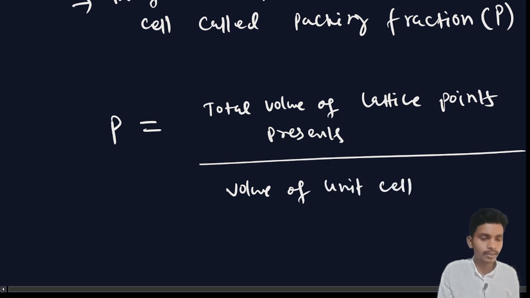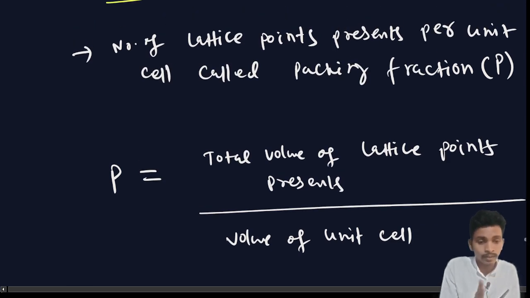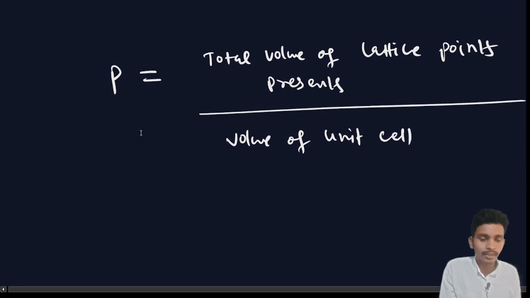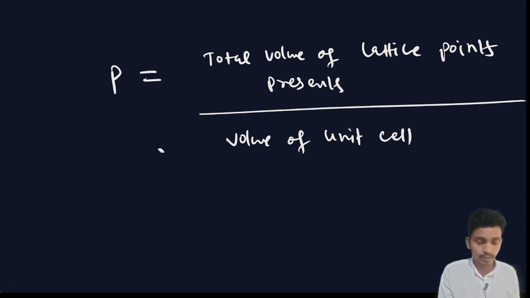So we explain this in terms of volume: the number of lattice points present for a unit cell. Mathematically, we say it is the total volume of lattice points present upon the volume of the unit cell.